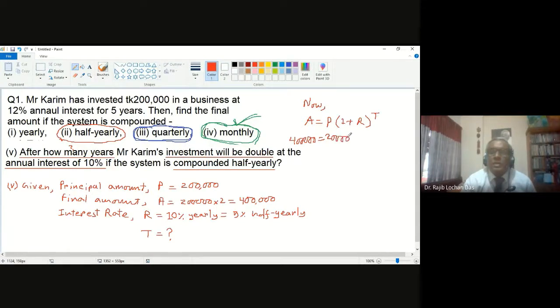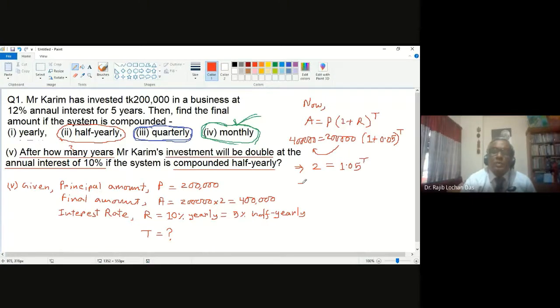And 1 plus R means 0.05, so 1.05, and the power T we do not know. So what will you write in the next line? It is just 2. Why 2? Because you are just dividing 4 lakh by 2 lakh, so it is 2. And this one is 1.05 to the power T.